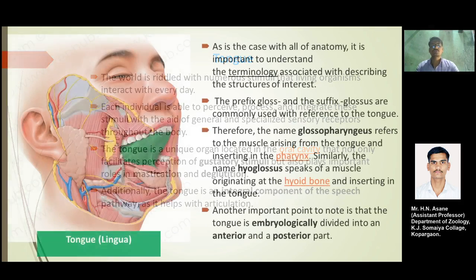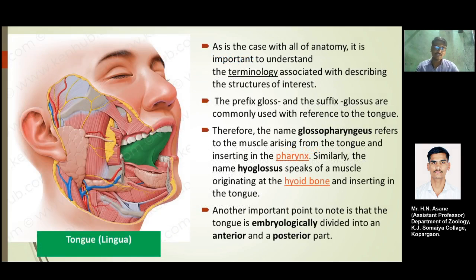So let's start with the tongue. As is the case with all anatomy, it is important to understand the terminology associated with describing the structures of our interest, that will be the tongue. The prefix gloss and the suffix glossus are commonly used with reference to the tongue.